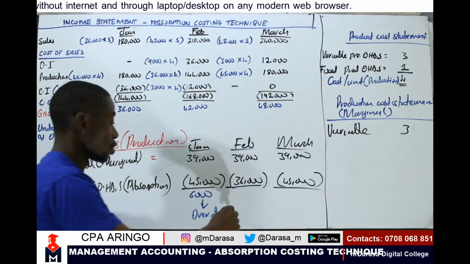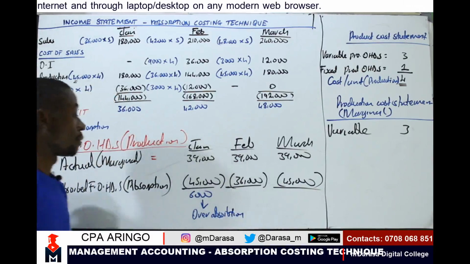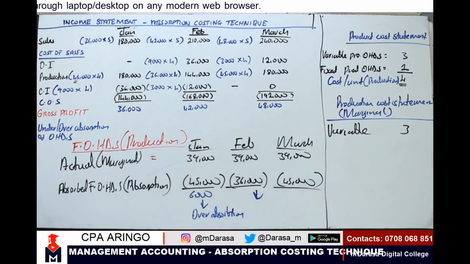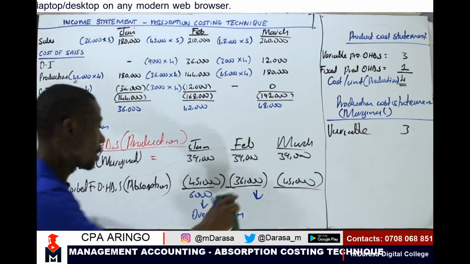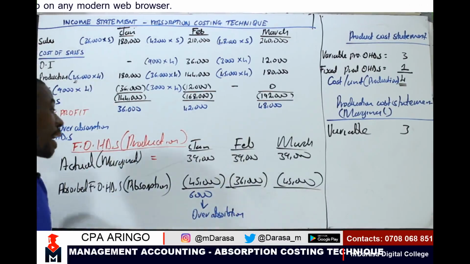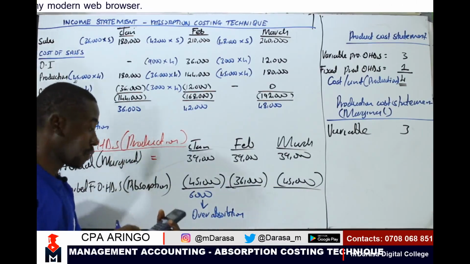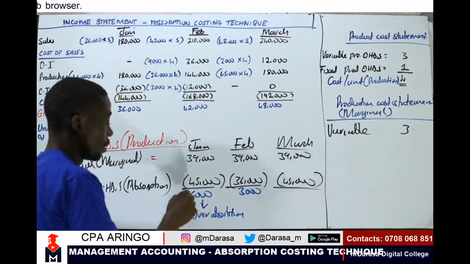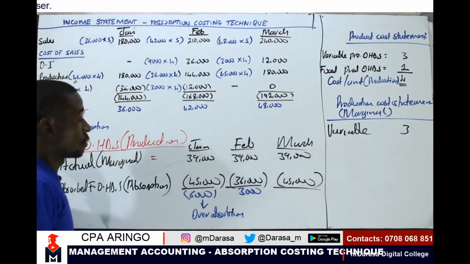What about in this case? Our actual is 39,000 and we absorbed 36,000. So I'm having under absorption of overheads of 3,000. This is a form of negative, right?